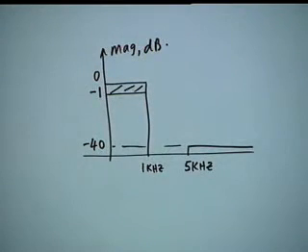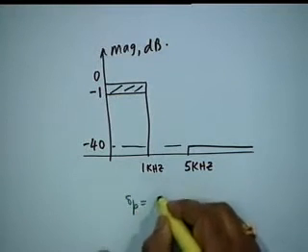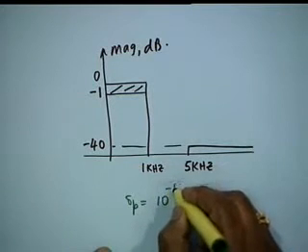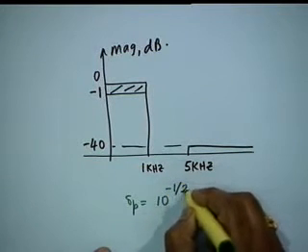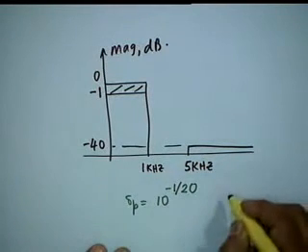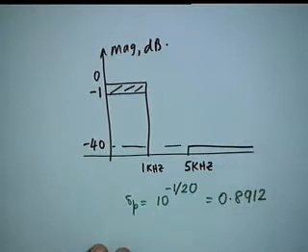So, the first thing you do is to find out delta p and delta s. Delta p would be equal to 10 to the power, if you remember, minus 1 by 20, and that comes out as 0.8912. Please do verify, these are my calculations.